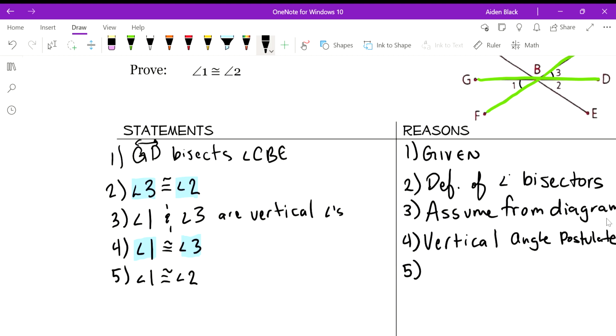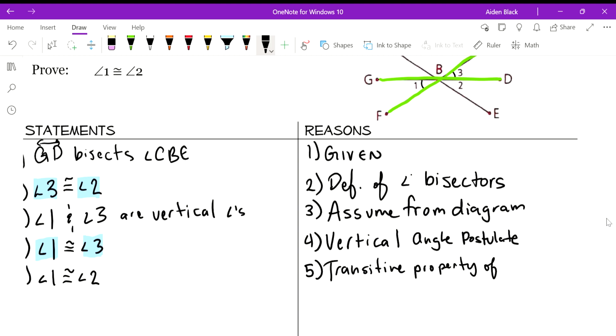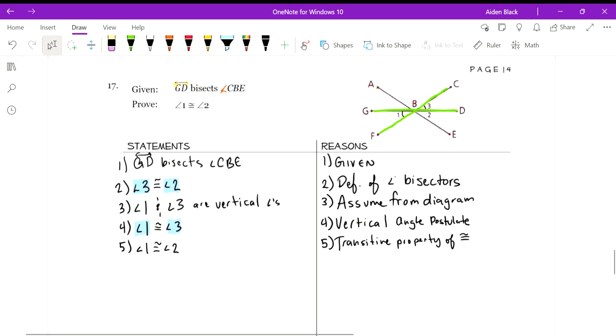Do you know why we can say this? The transitive property of congruence. And I'm just going to write it like this. Keep it short. I'm going to draw the congruent symbol. Cool.